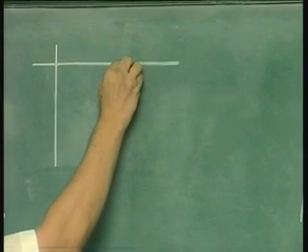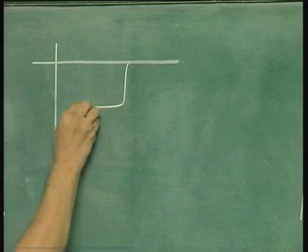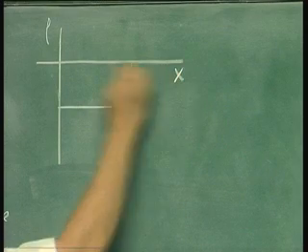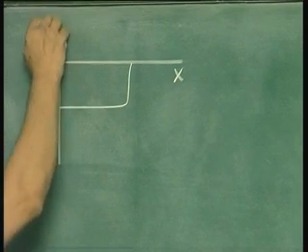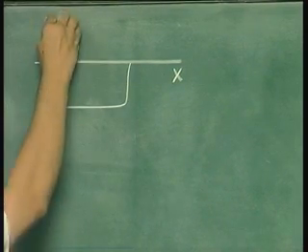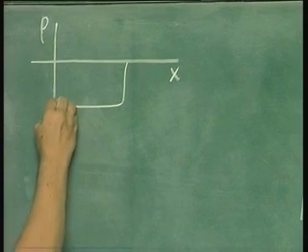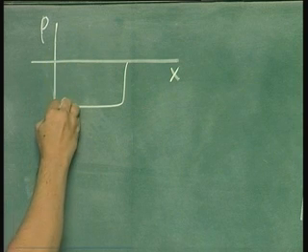At threshold, this is your space charge, so rho versus x. And you are not able to show any electron charge here.